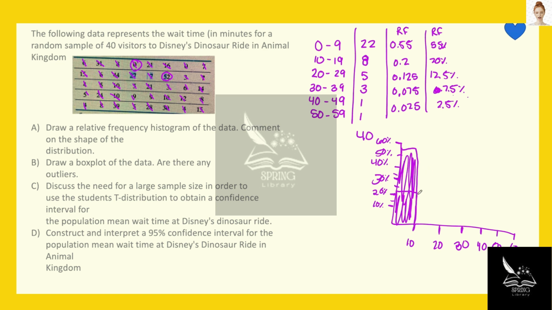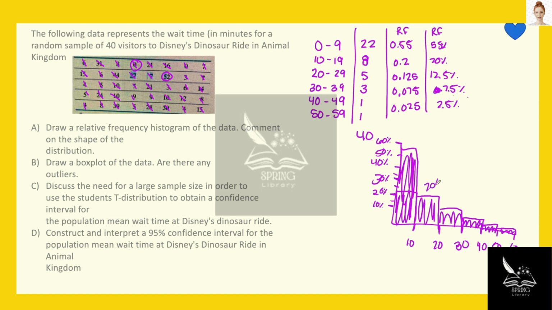Then 20% would be right about here from 10 to 20. Then 12.5% would be right about here, then 7.5% about here, and then 5% about here. And I'm missing 10, 20, 30, 40, 50, 60, so 0 to 10, 10 to 20.